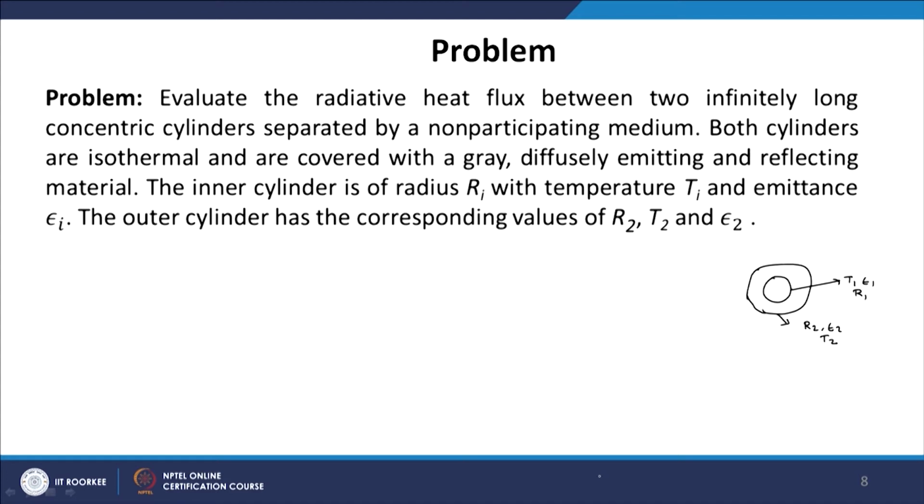You can recall that the non-dimensional heat flux for this case on the inner cylinder can be written as 1 upon epsilon 1 plus A1 by A2 multiplied by (1 by epsilon 2 minus 1). We calculated this result using the net radiation method and view factors.